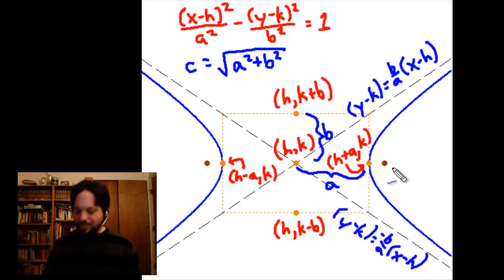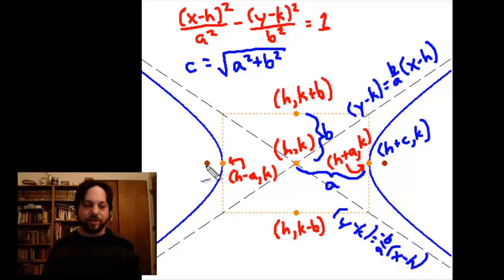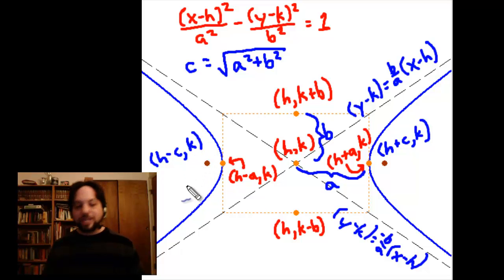And so what that means is this focus right here is going to be h plus c, comma k. Of course, our c is already defined over here. And this focus is simply going to be h minus c, comma k. So that tells us pretty much everything we need to know.